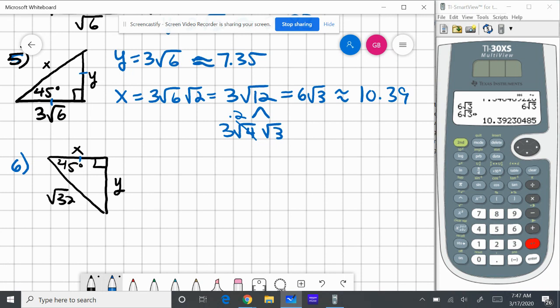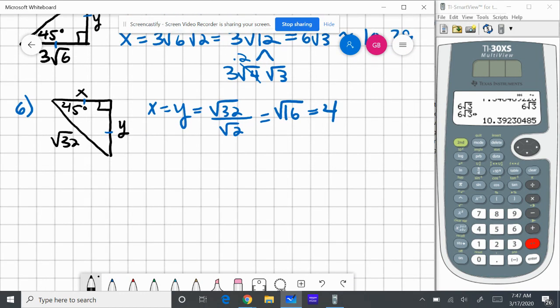To find the legs, so we know that they're equal to each other, we take the square root of 32 divided by the square root of 2. This is going to work out nicely. 32 divided by 2 is the square root of 16, which is 4. It's a nice one. And last one that we're going to do.